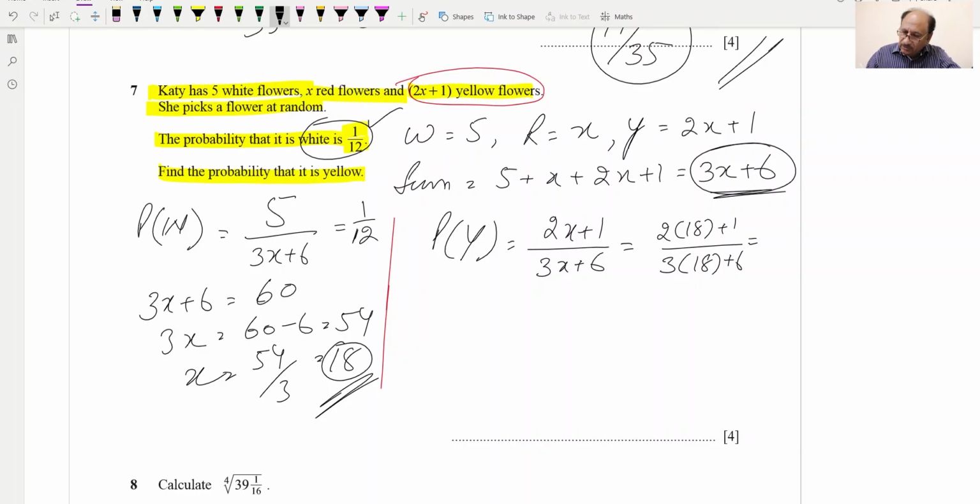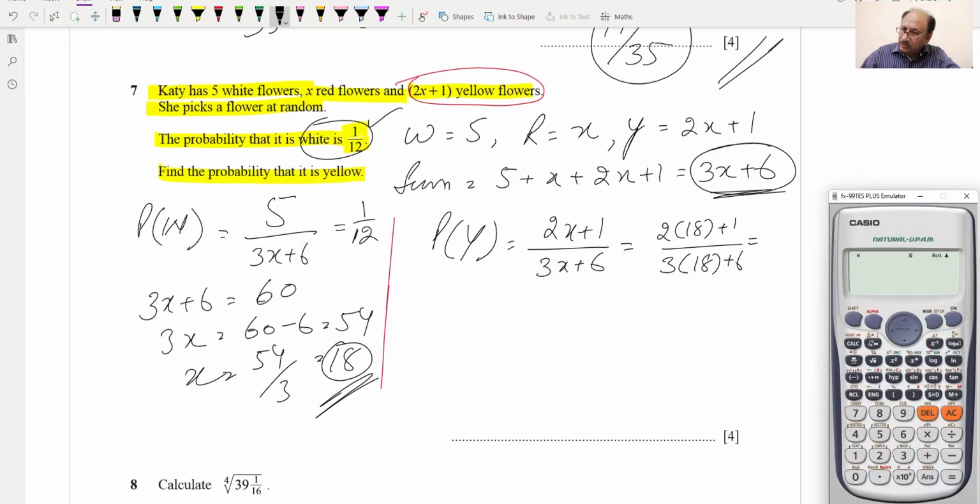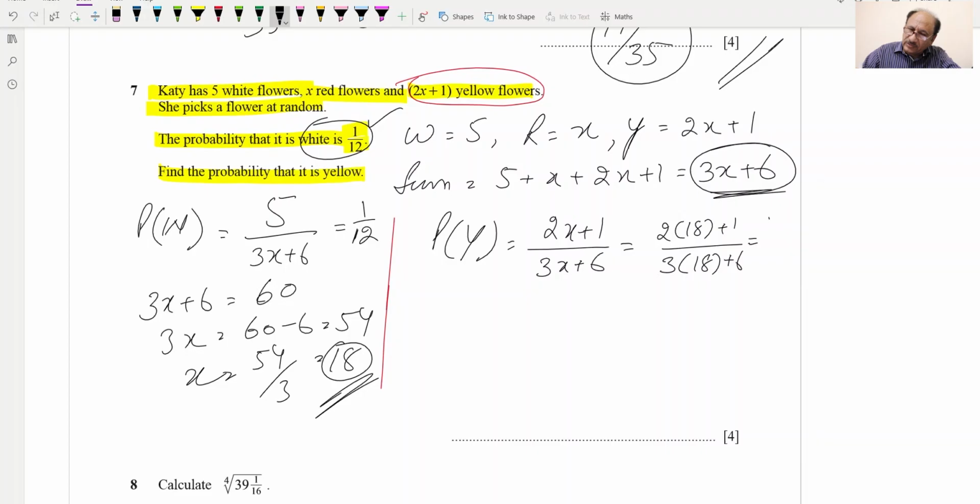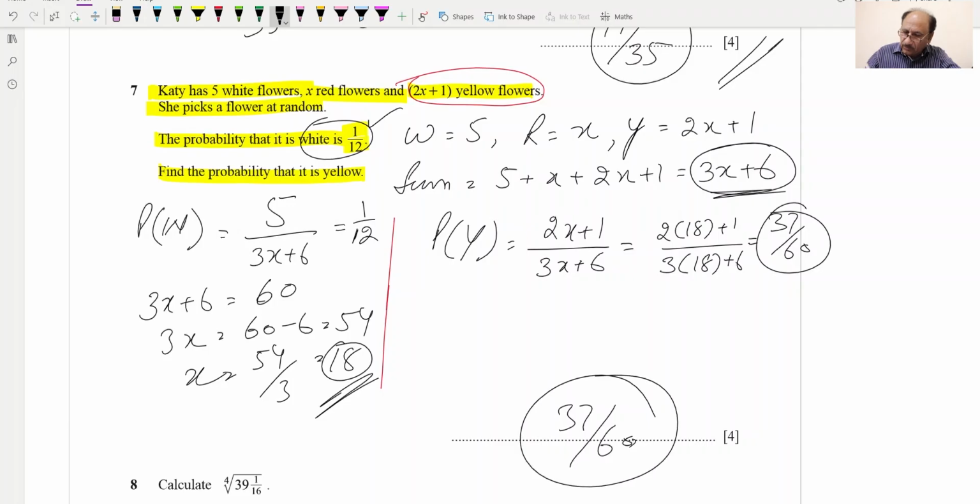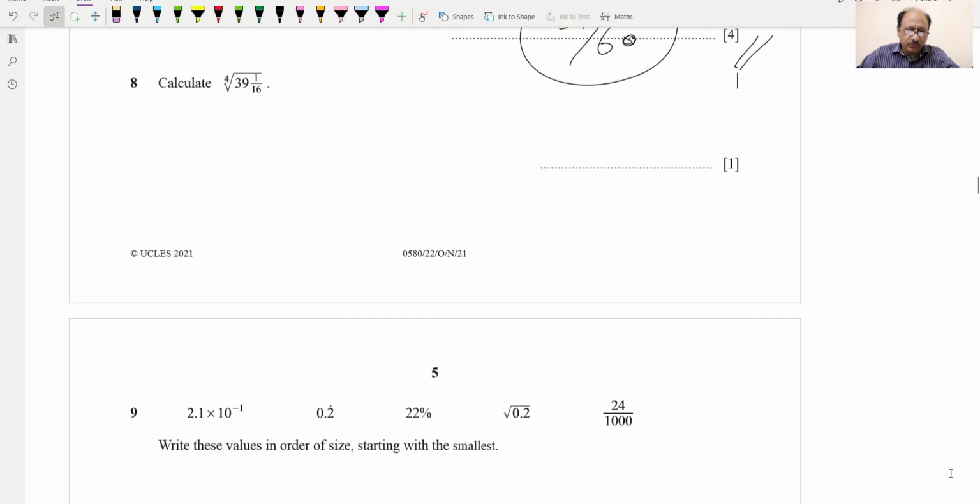We can use calculator, and this is giving us 37 over 60. 37 over 60 will be the probability, and this is a 4 marks part which we have done. Hopefully you understood this.